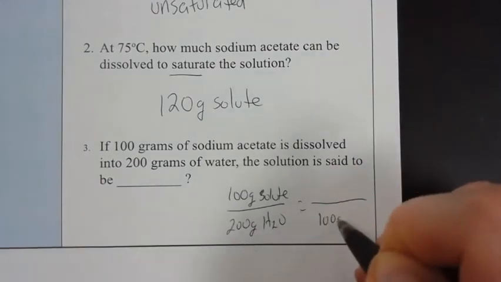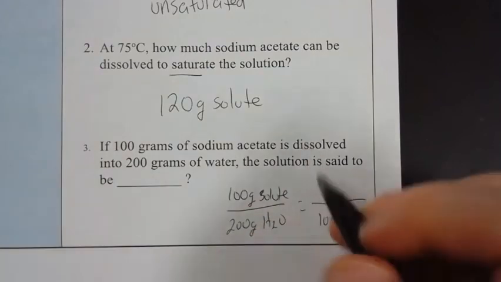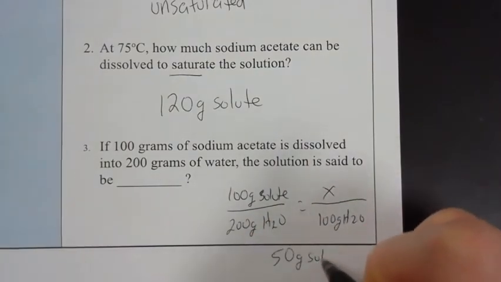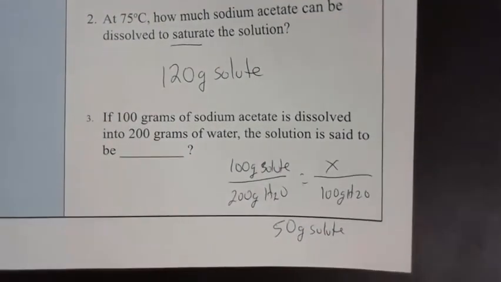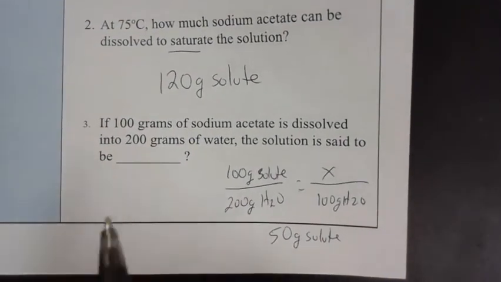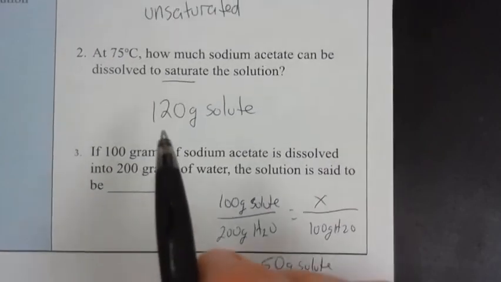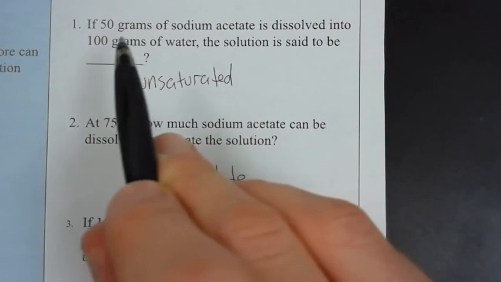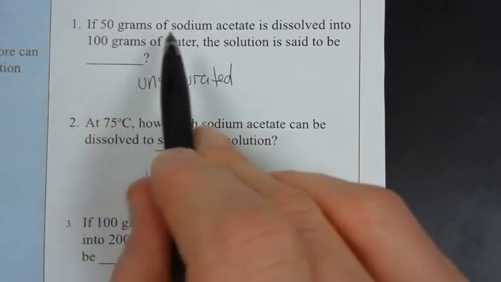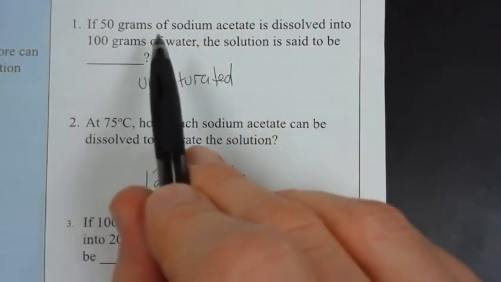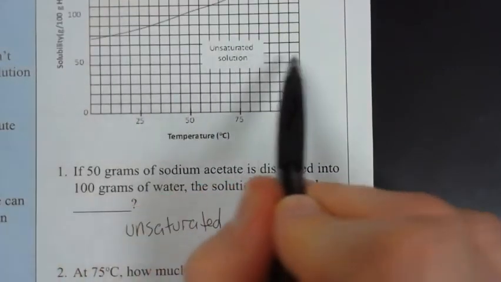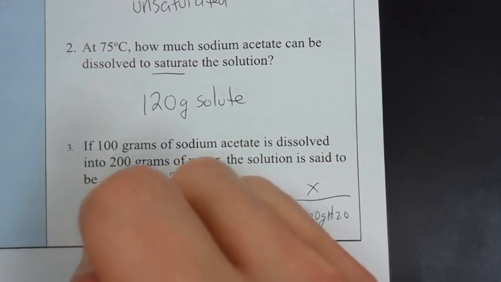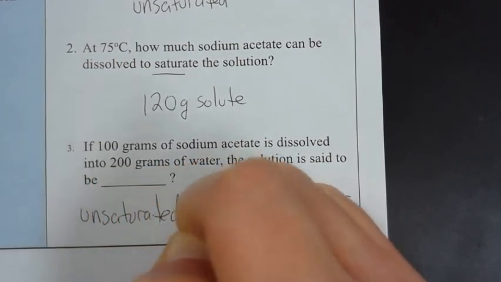Our graph is referencing per 100 grams of water. So then we would only have 50 grams of solute per every 100 grams of water. So really question 3, although it doesn't look like it, is asking the same thing as question 1. If you have 50 grams per 100 grams of water or 100 grams of sodium acetate per 200 grams of water, regardless of what temperature you're at, again, our solution will be categorized as unsaturated.